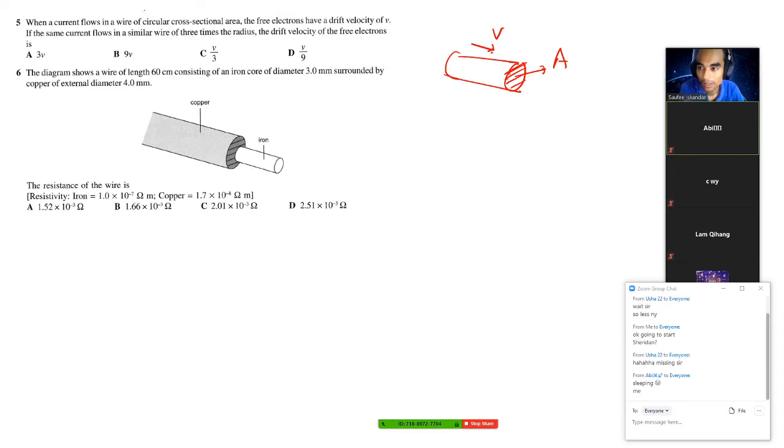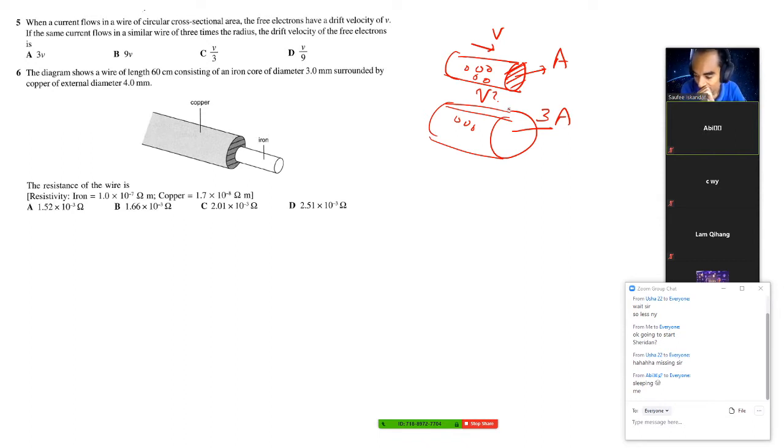The same current flows in a similar wire with 3 times the radius, so we have a bigger A. What will be the drift velocity? How much is the drift velocity right now?